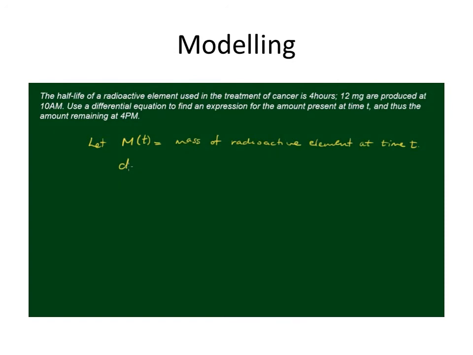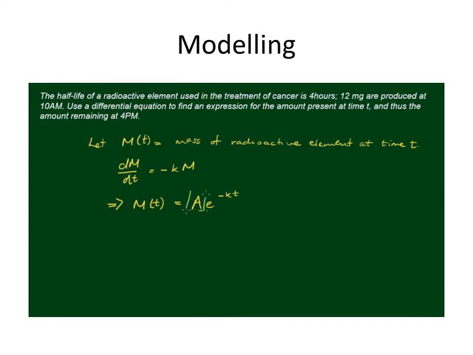The differential equation will simply be dM/dt equals negative k times M. This is the differential equation we'll solve to model this phenomenon of exponential decay. And if we work through as always, we should get the general solution M(t) equals a e to the negative kt.